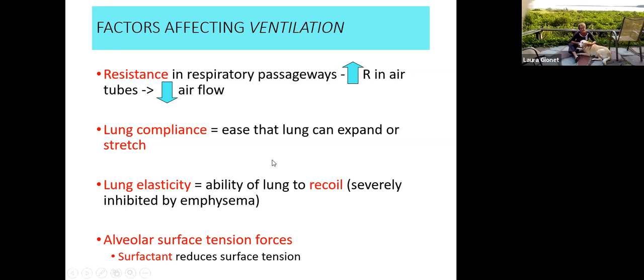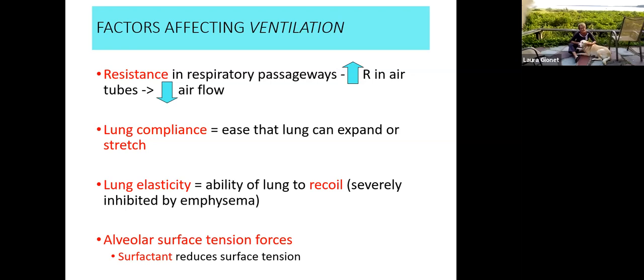Lung compliance is the ease with which the lung expands or stretches. So, how about those elastic fibers to be able to stretch? That the lungs and ribs can move adequately, that the diaphragm can contract inferiorly. The elasticity of the lungs is the ability to recoil. We've said before that the elastic fibers are a crucial part of being able to exhale.